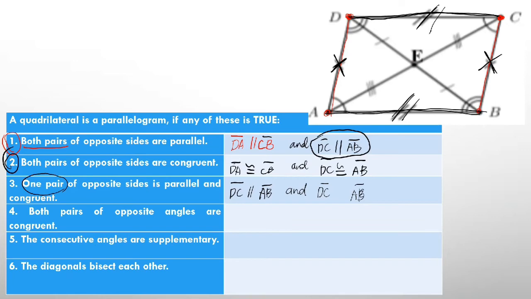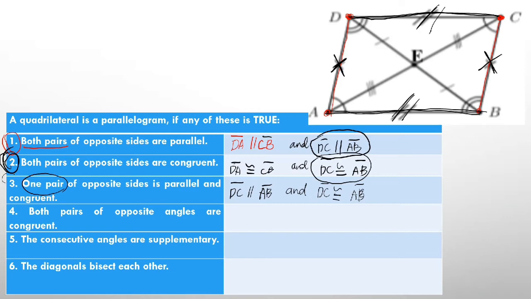And since they are both lines, then they are congruent. Aside sa figure na nakikita natin, we also have proof that on the second property, that DC and AB is congruent. So therefore, line DC is congruent kay line AB. Okay po? Now, we have proved the number 3. That one pair of our opposite side is parallel and congruent.